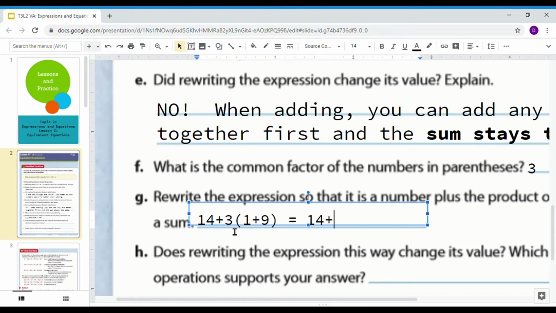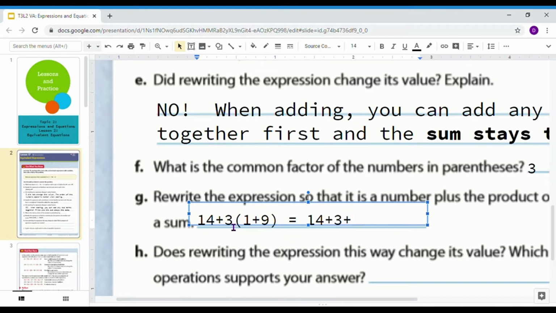What we did here was we pulled out that 3 so that we could multiply it. If I were to rewrite this problem after distributing it, I should be able to go 14 plus, and then 3 times 1 is what? So 3 times 1 is 3. And then I should be able to do, here's my operation symbol, my plus, or my equal, or my division.